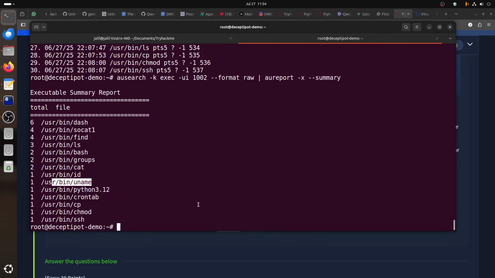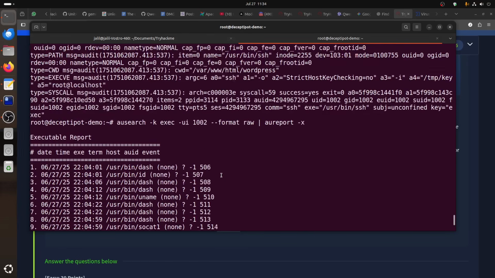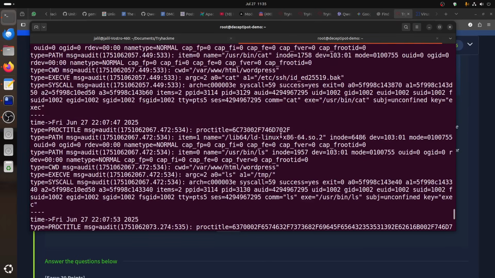He also did uname, and in the Python find dash socket, so you can see socket is doing socket here. Now, as I said, you can look here and try to find one by one until your eyes flip.